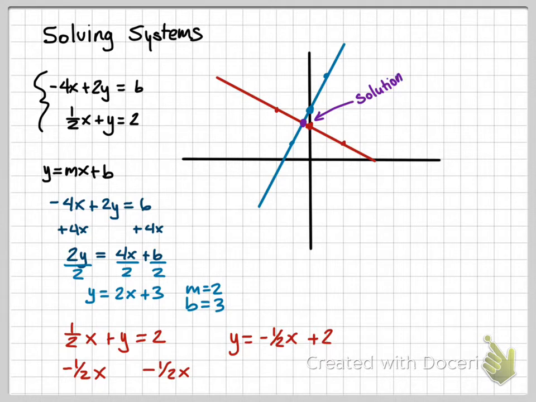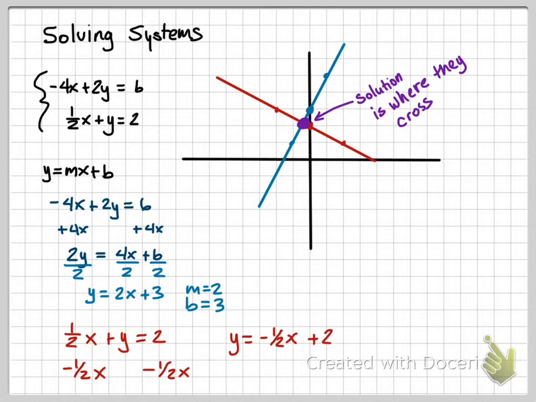So we would solve and find that point. I'm really pointing to this point right here, where they cross. So let's write that out: the solution is where they intersect. So that's graphically. We're just looking where they cross each other.